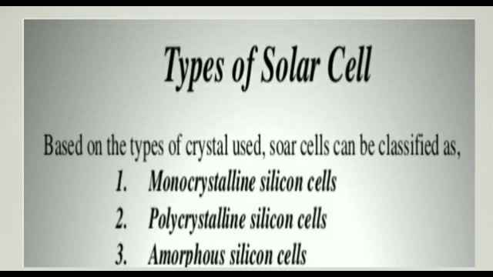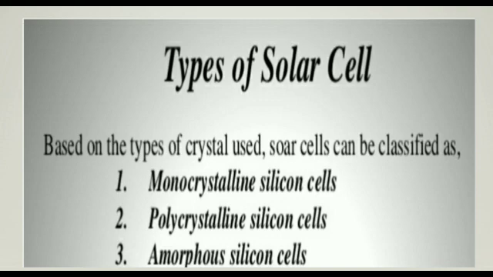Next, types of solar cell. The types of solar cell based on the crystal used. The first one is monocrystalline silicon cells, the next is polycrystalline silicon cells, and the third one is amorphous silicon cells.